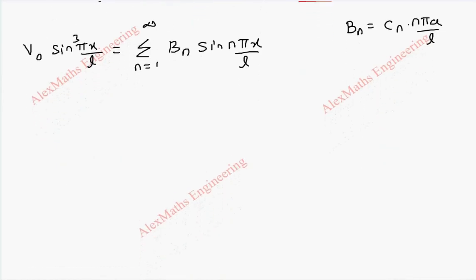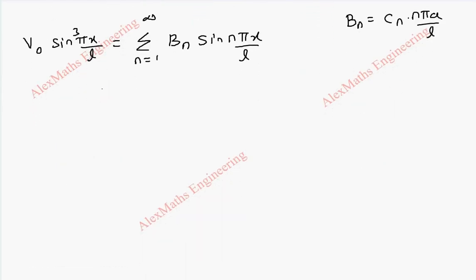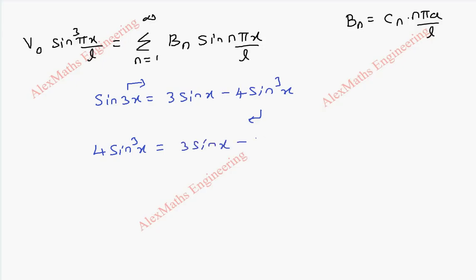Now we are going to use a basic trigonometric formula. Sin 3x is 3 sin x minus 4 sin cube x. So we take this term here and the sin 3x to the other side. So 4 sin cube x will be 3 sin x minus sin 3x. So sin cube x will be 3 by 4 sin x minus 1 by 4 sin 3x.